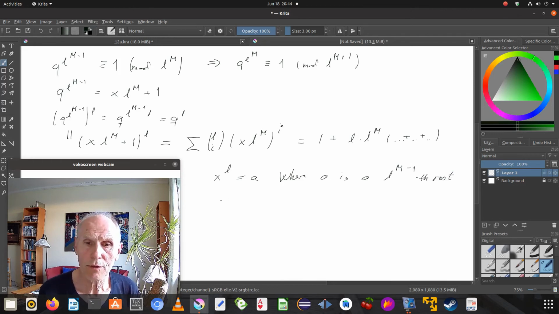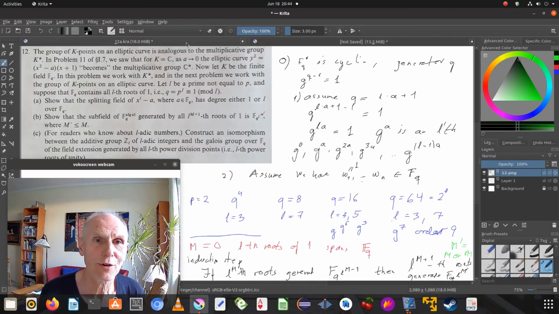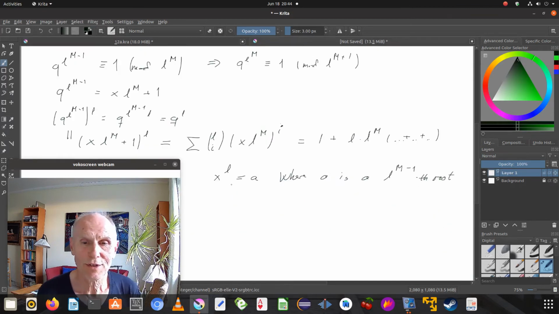We know that the field, I forgot the word, the splitting field of this equation, that was the roots of order m plus 1. Modulus the field has order 1 or L.